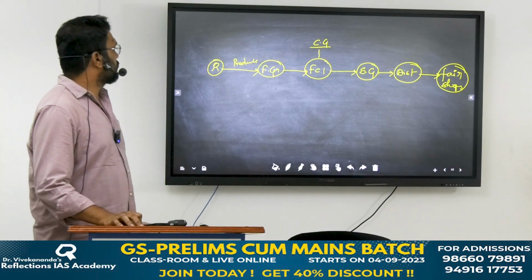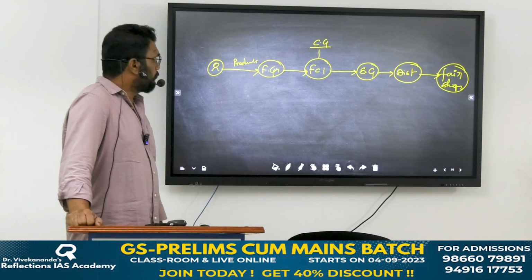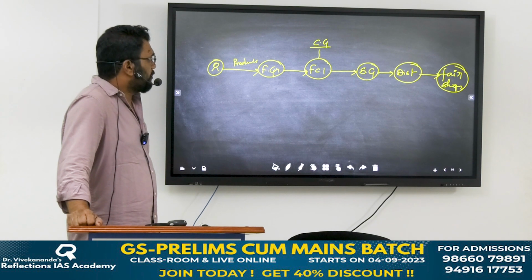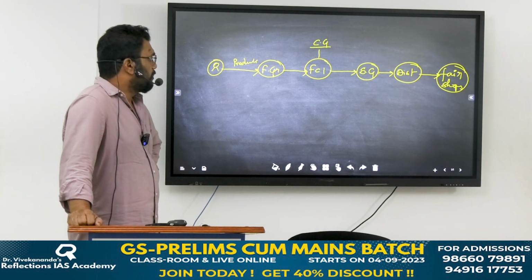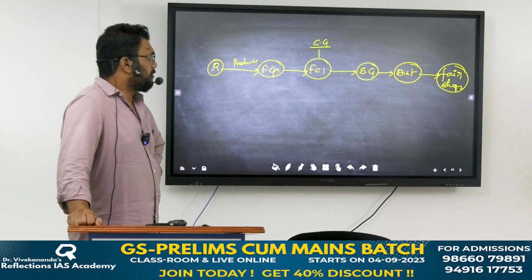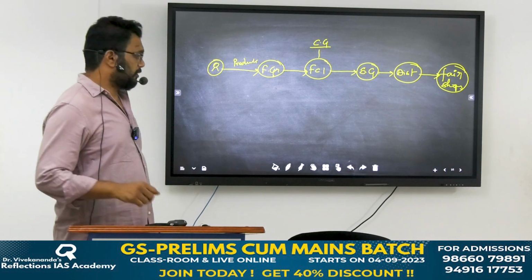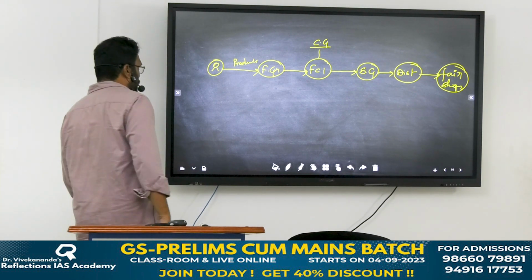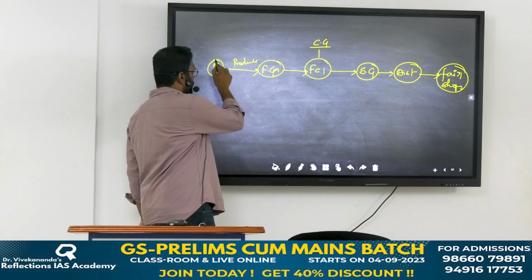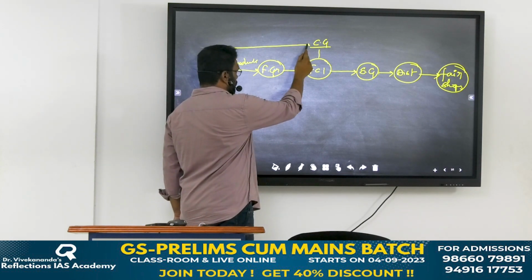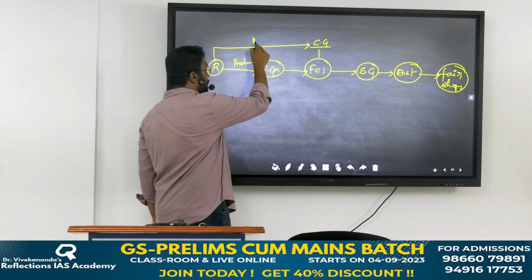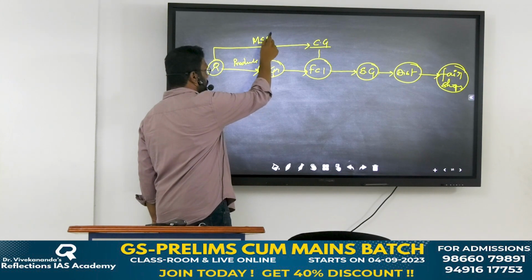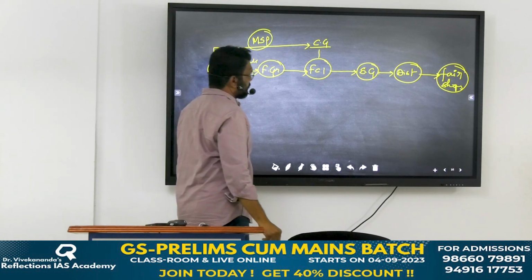Okay. So just production, farmer, food grains, FCI, state government, district, and then fair shops. This procurement from the farmers by the central government is MSP, that is minimum support price.